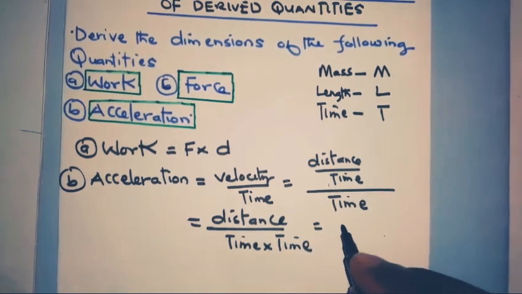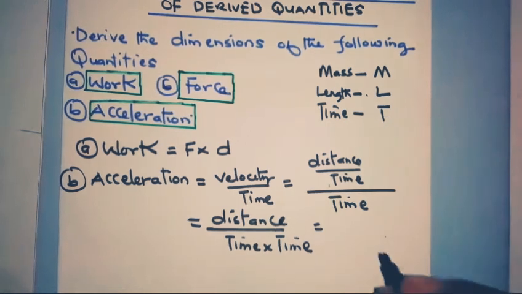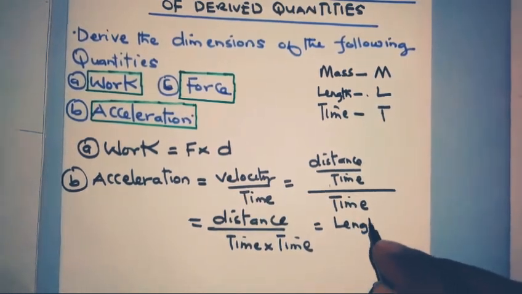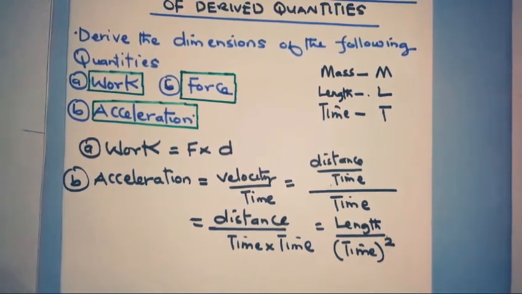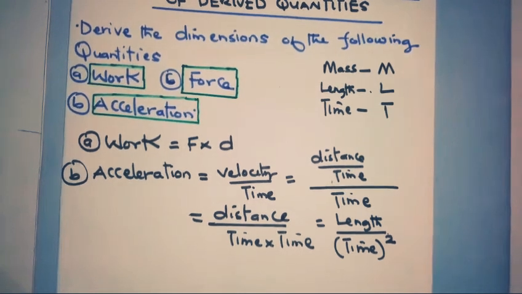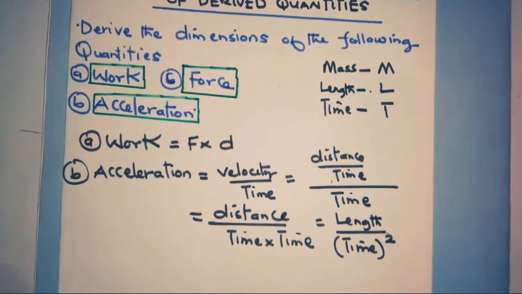So this is now going to be, distance is a physical quantity known as length. So that is now going to be written as length over time all squared. So the next thing you need to do here is just to apply the dimensions for each of those quantities.